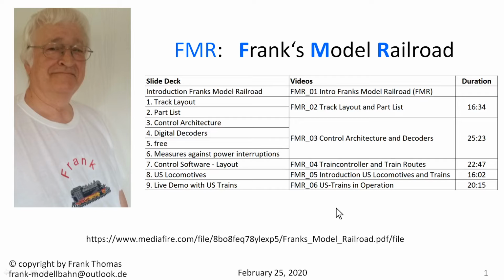And at the very beginning of this video, I will explain how you configure in the train controller software to start a sequence of different trains which automatically come to an end or trigger the start of other trains. So once you have manually started the train sequence, you can just sit there and watch how the trains are operating.